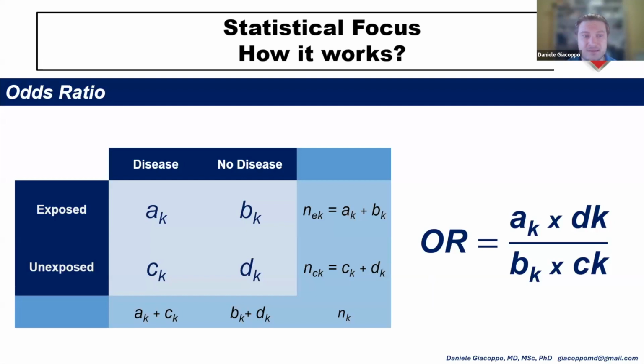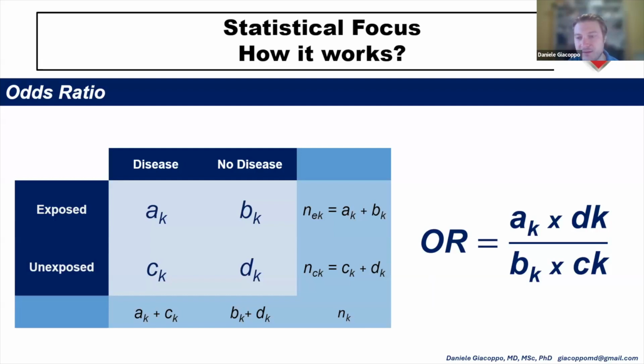So in our case, the exposure is short DAPT followed by P2Y12 inhibitor or standard DAPT, and the disease is the outcome of interest, case by case. And you can see in the formula, it is the odds of a specific outcome in patients exposed, relative to the odds of an outcome in patients without this exposure.